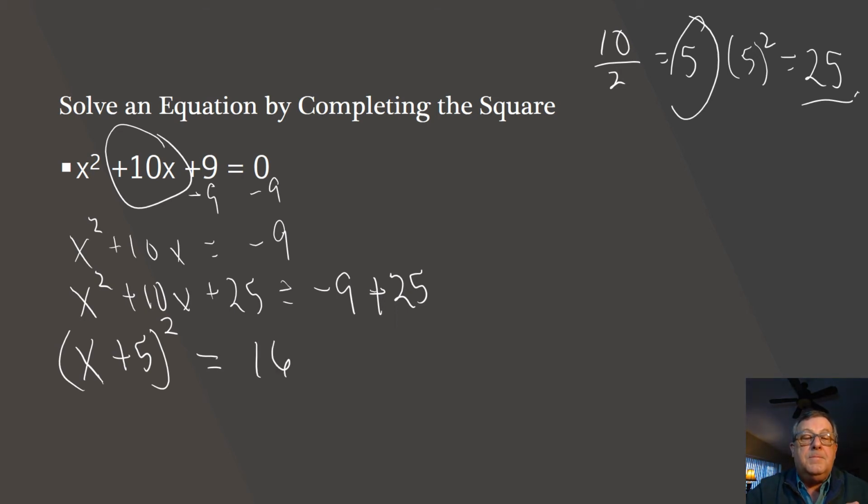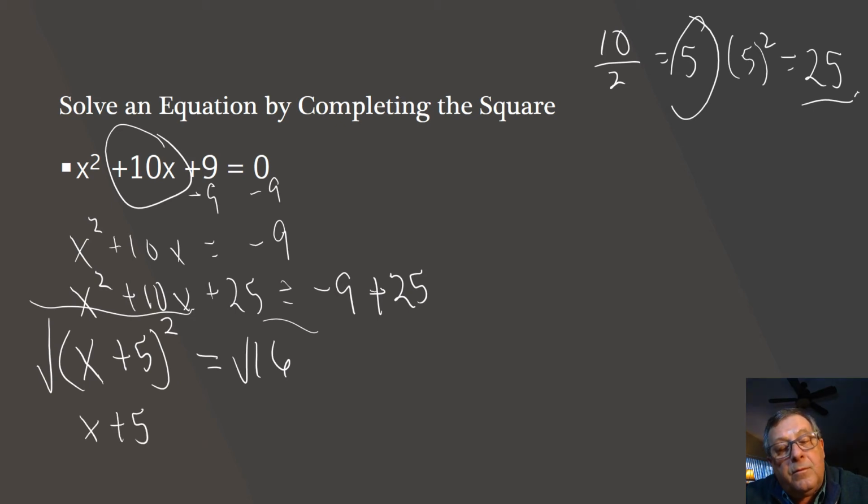All right. Now we're going to take the square root of both sides, and when I take the square root of the x plus 5 squared, I'm just going to end up with x plus 5. And when we take the square root of 16, it's going to be plus or minus 4. Square root of 16 is 4, plus or minus 4.